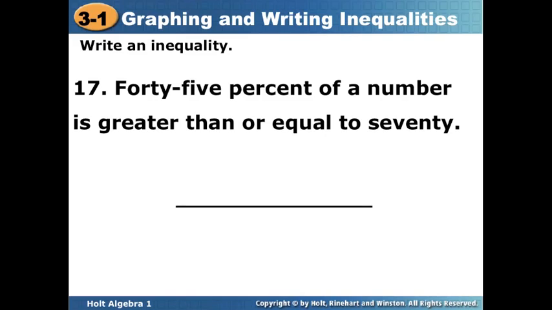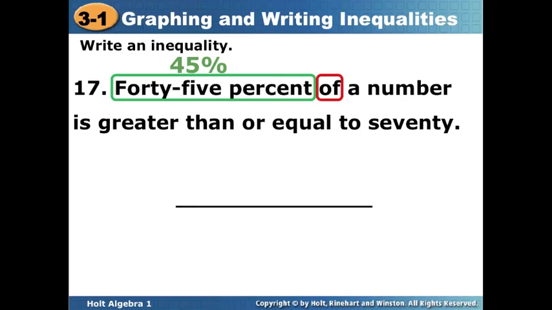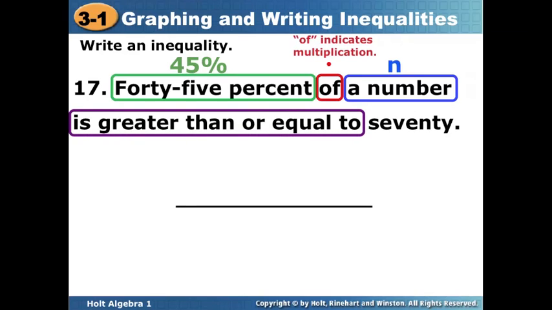Example number 17. Copy this to your paper. We have 45% of a number is greater than or equal to 70. 45%, we will want to change it into a decimal when we write our answer. 45% of a number, we're going to multiply 45% times our number that we will use as a variable n. Is greater than or equal to.